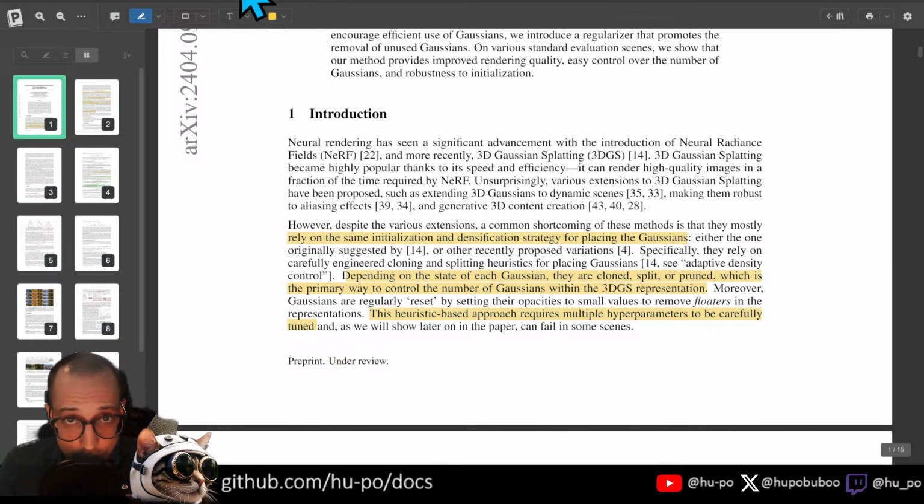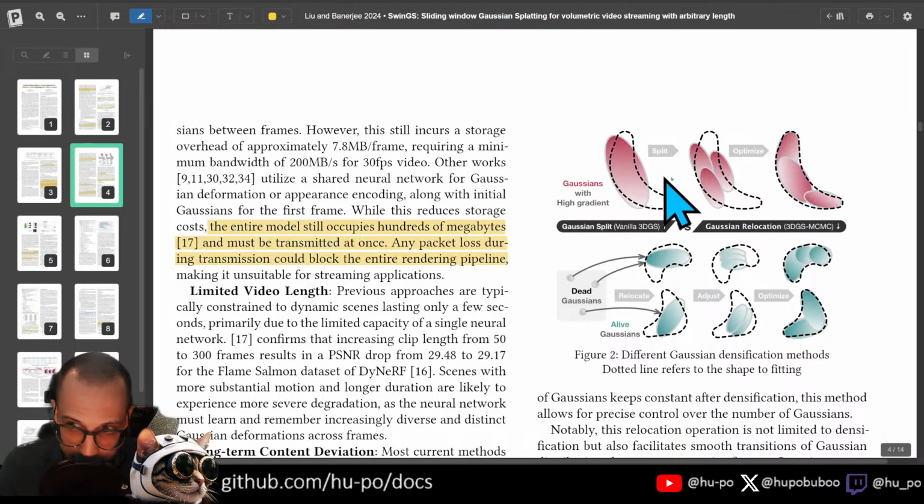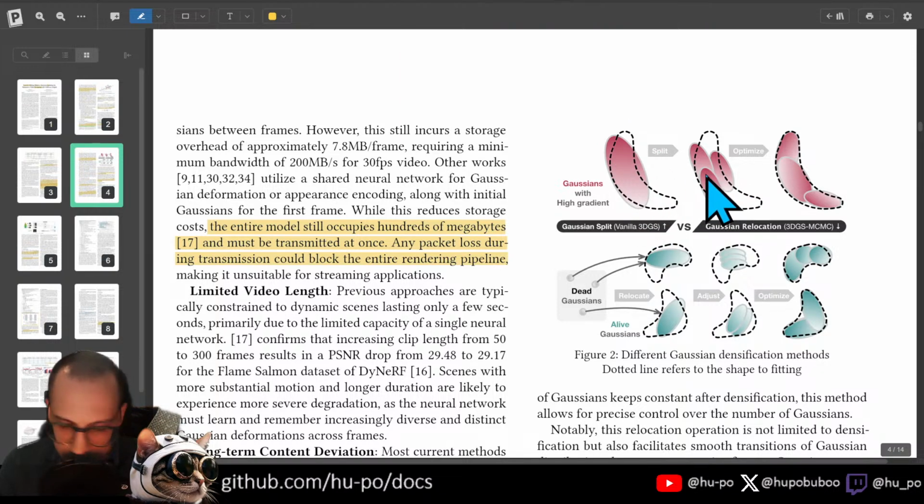So one of these hyperparameters might be right here, where you decide to split this one into 3. Why 3? No reason, we just chose 3. So the arbitrary choice of that hyperparameter is a problem, because now you have to figure out what the magic value for that hyperparameter is. It'd be great if we just didn't have to deal with that.